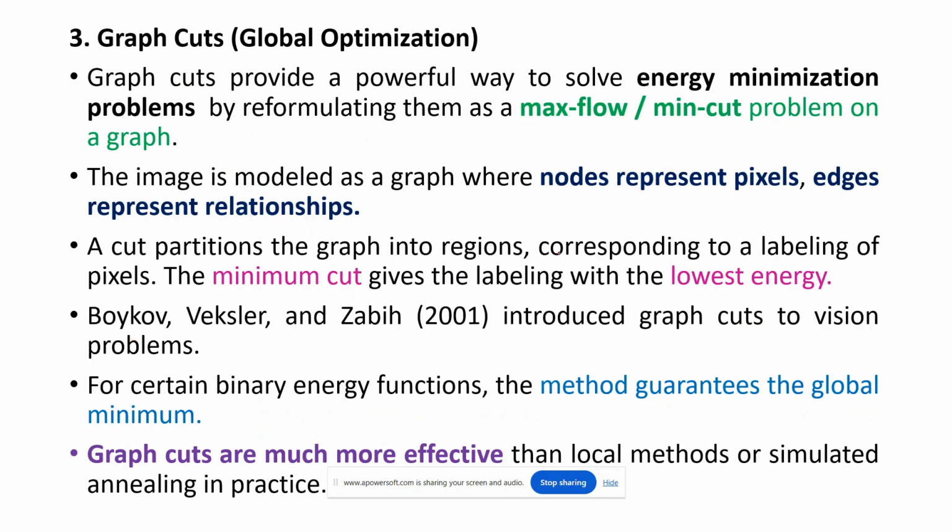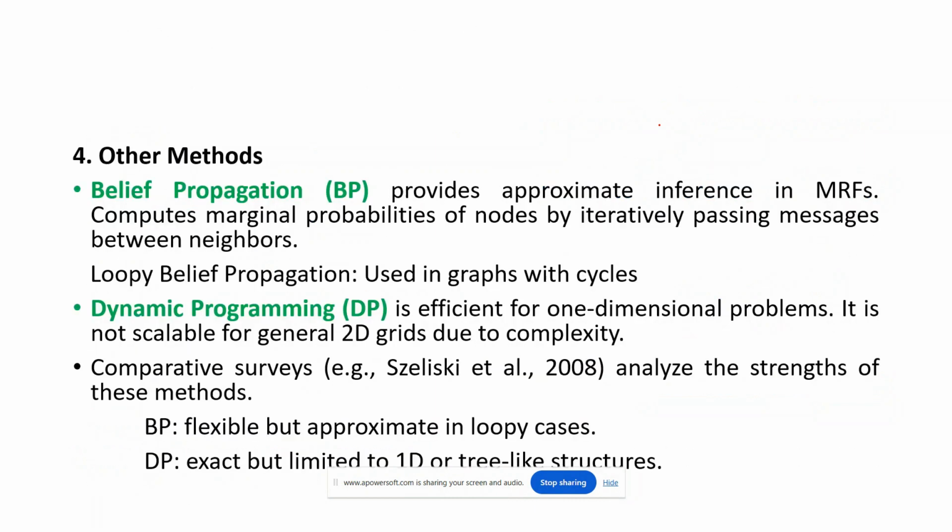Graph cut, so the nodes are represented as pixels and the edges are represented as relationships, and I can cut the source node as well as the sink node connected nodes. That results in image segmentation. And I can also say I want to find the minimum cost, so the minimum cut will be the lowest energy.